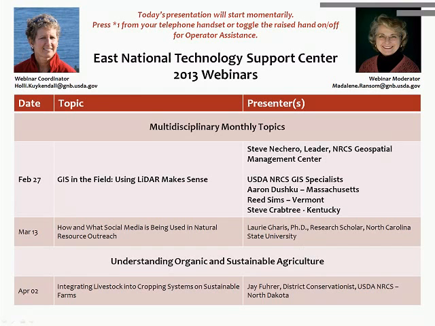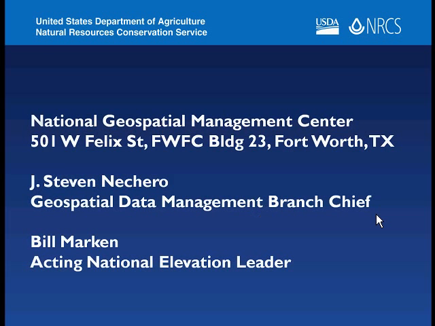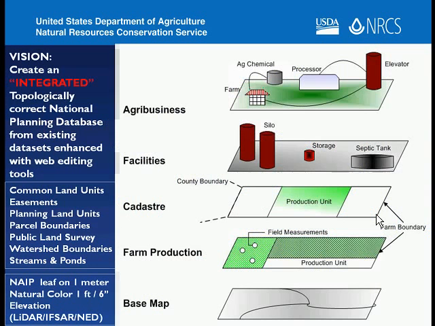Thank you very much. It's a pleasure to be here this afternoon to talk about LiDAR. Let's go ahead and get started. NRCS has been using geographic information systems for many, many years, and you have to think of GIS as a layer cake of geospatial information that describes the environment and different aspects of agricultural activities.